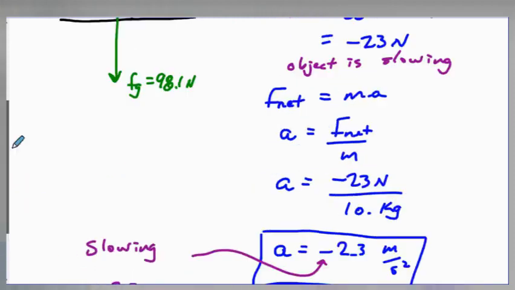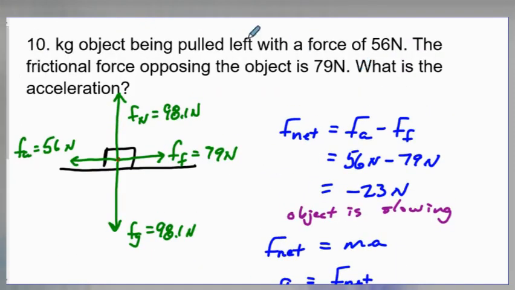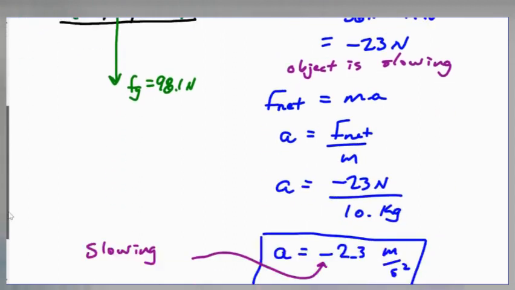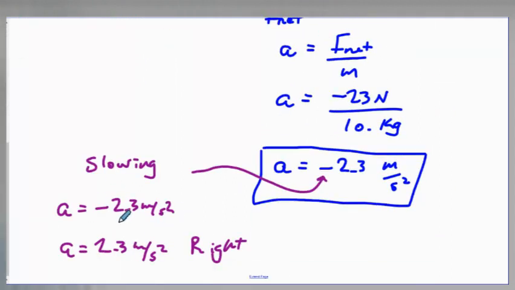And I know it's to the right because my diagram told us that the object was being pulled to the left. And because it's being pulled to the left, the frictional force is greater. And that's where we have to be careful with this negative. We could say that the frictional force is to the left, so this object is slowing down, and the acceleration is in the left direction. Don't say it's negative to the right, because that is not correct.